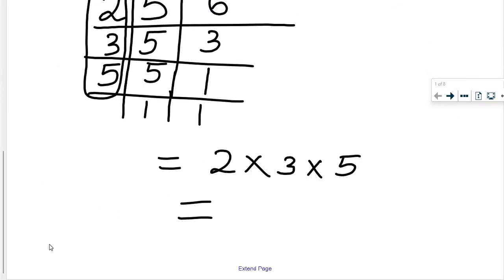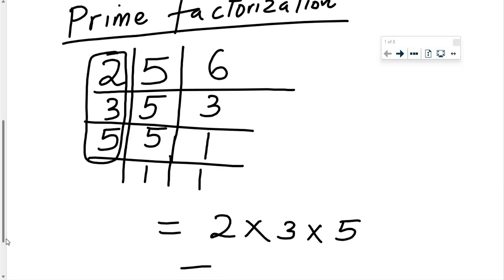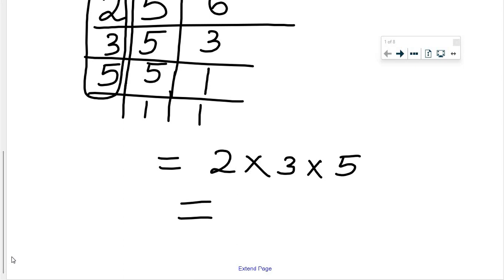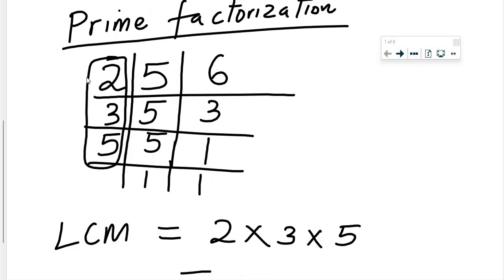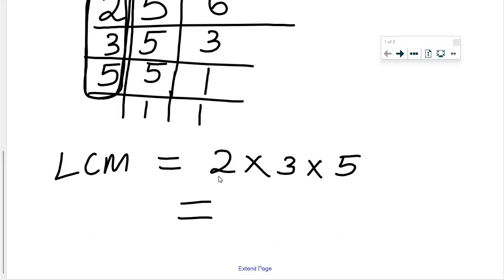So the smallest number which is a multiple of both 5 and 6 means find the LCM of 5 and 6. So LCM will be equal to 2 into 3 into 5. 2 into 3 is 6, into 5, 30.